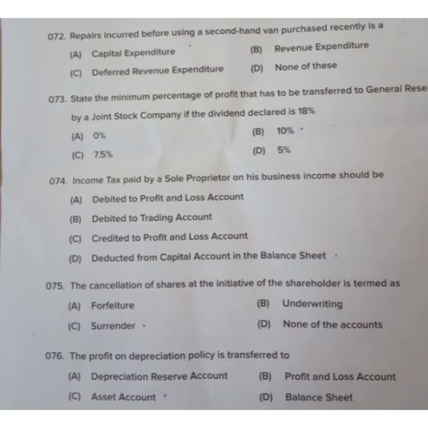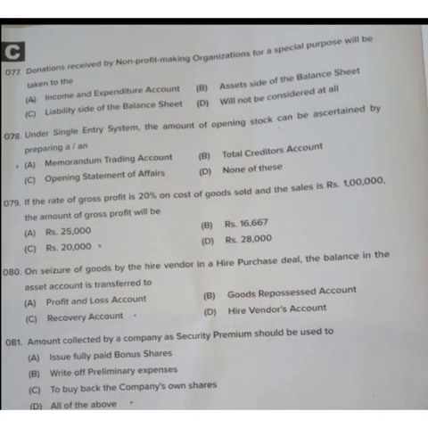75. The cancellation of shares at the initiative of the shareholder is termed as surrender. 76. The profit on depreciation policy is transferred to asset account. Donations received by non-profit making organizations for a special purpose will be taken to the liability side of the balance sheet.